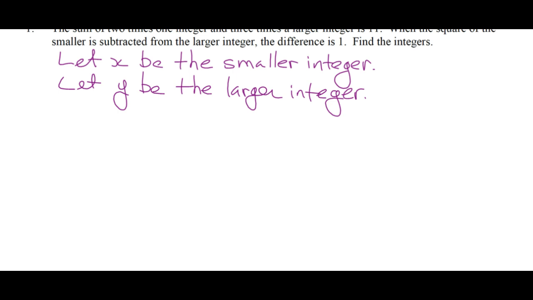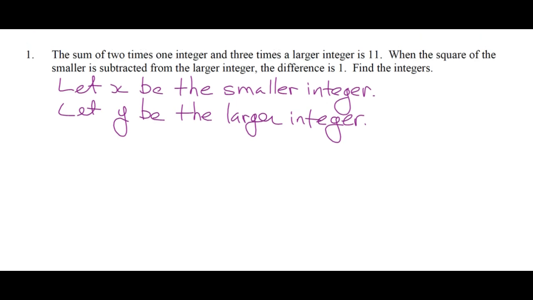Now there should be some relationship. So what have we got? The sum of 2 times one integer and 3 times a larger integer. So how does that translate into math? 2x plus 3y.